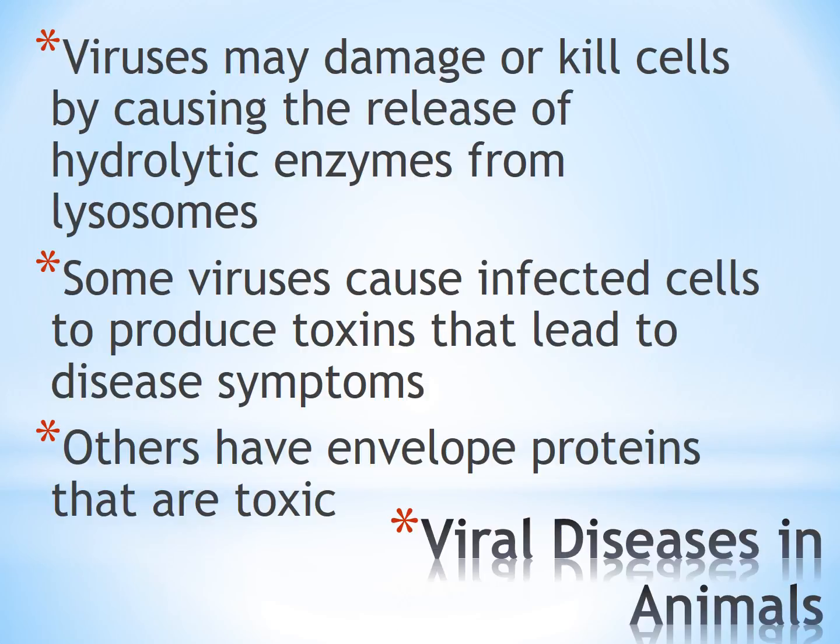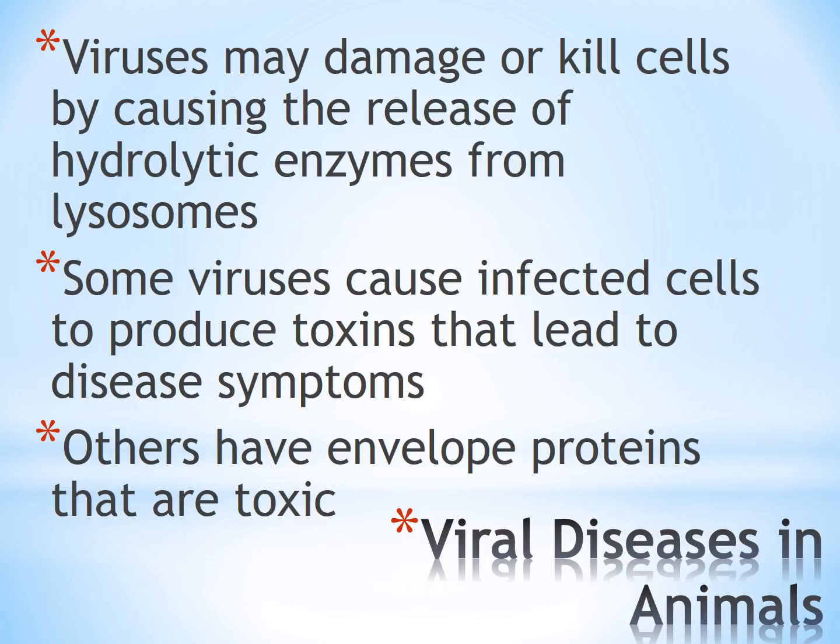So as we said before, viruses traditionally can damage or kill their cells because they can cause the release of different hydrolytic enzymes from the lysosomes. Other things that viruses do is that they can actually cause the release of different toxins.